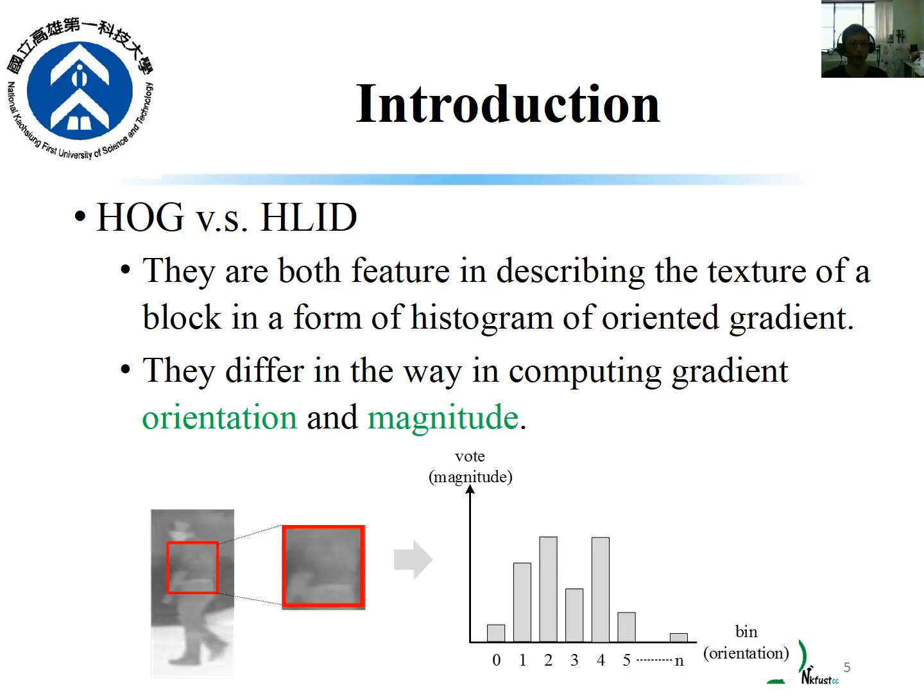The horizontal axis is the bin index of gradient orientation. The vertical axis is the accumulation vote of gradient magnitude. But HLID differs from HOG in the way of computing the gradient orientation and the magnitude. Next, we will talk about how to compute gradient orientation and magnitude in HLID.